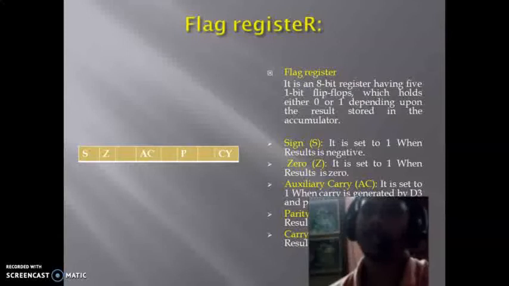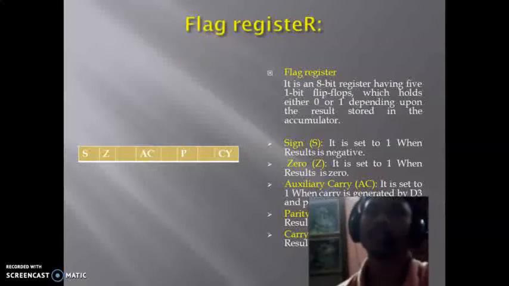The 8085 microprocessor has 5 flags. This is basically an 8-bit register, and it has 5 flags: sign, zero, auxiliary carry, parity, and carry. Basically these flags give us the status of the final results of arithmetic and logical functions.